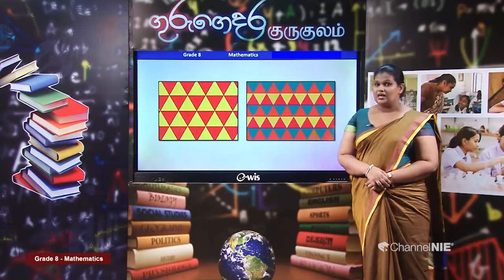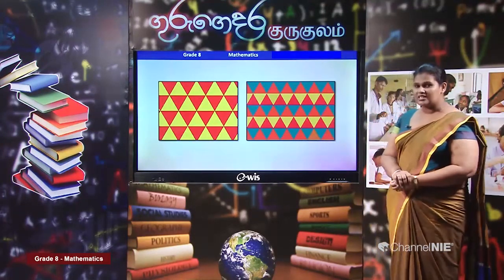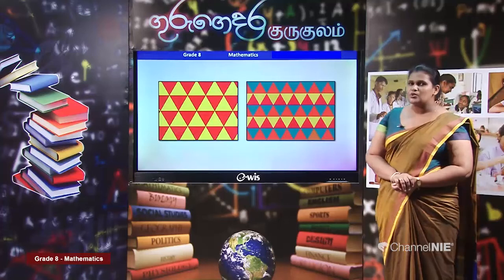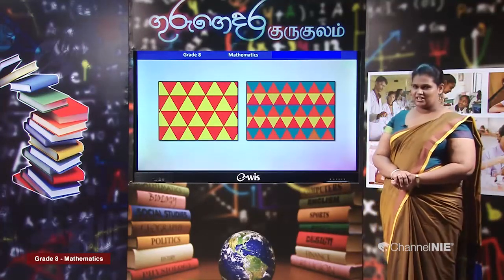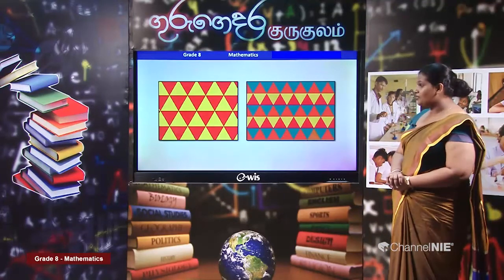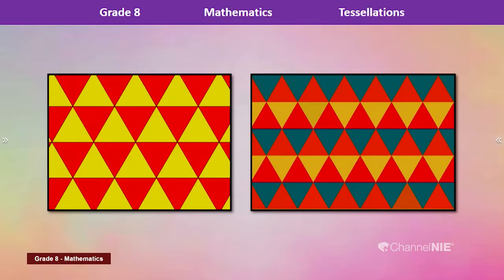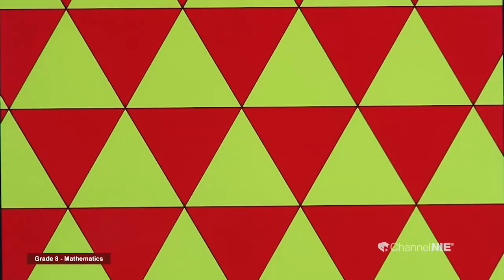Right. By now we know what tessellations are. So, we will have a look at some more tessellations and we will try to identify what shapes they have used in these tessellations. Right. Have a look at the first one. There I can see some triangles. The triangles are colored in two different colors. Isn't that so? Some are colored in red and some are colored in yellow to create a beautiful pattern.